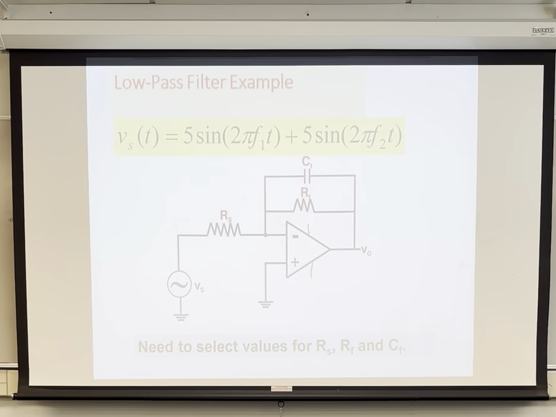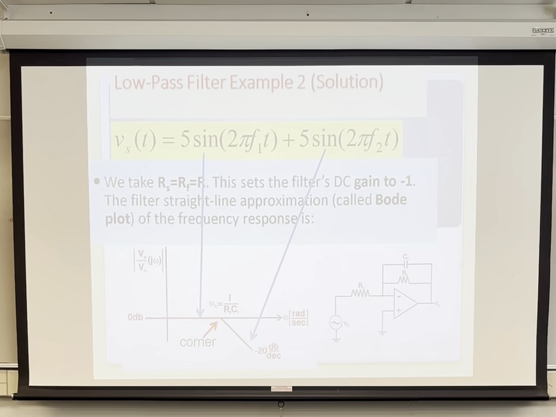So your procedure in a homework assignment is to find the source resistor, find a feedback resistor RF, and then find a feedback capacitor. So it's 3 parts to the paper design.